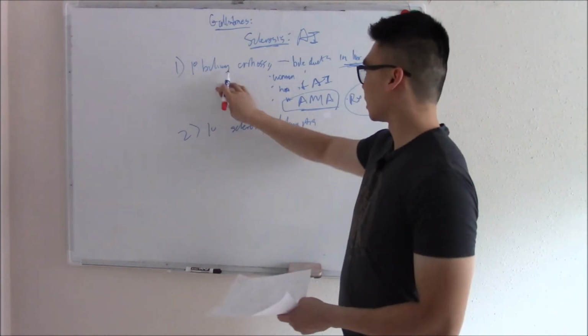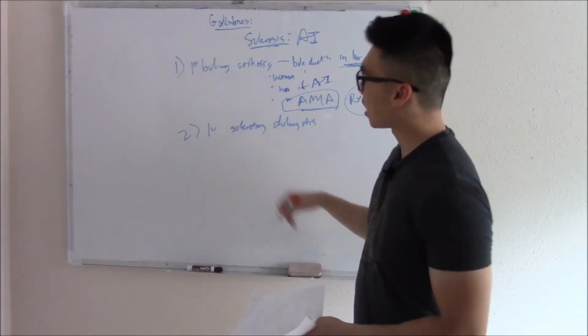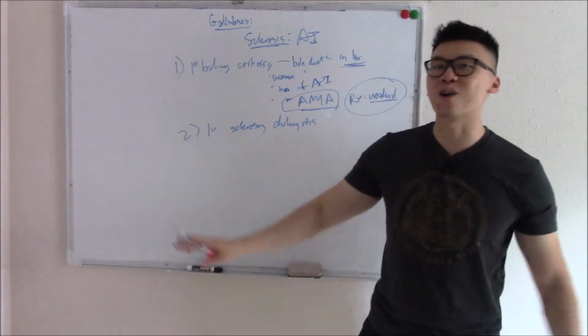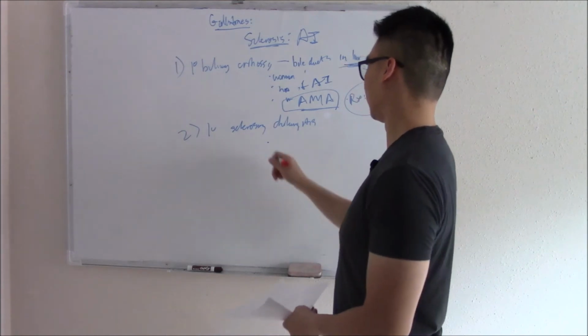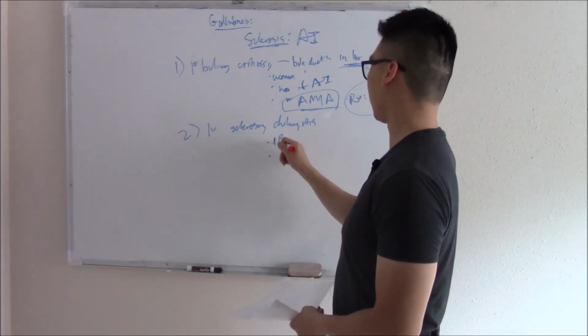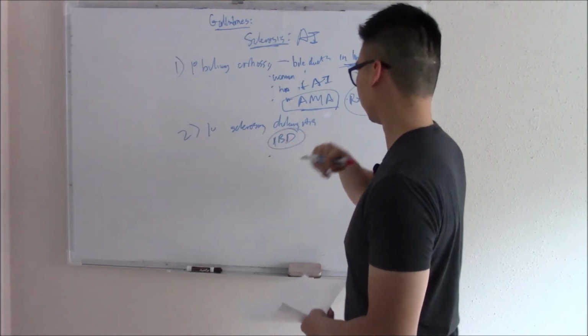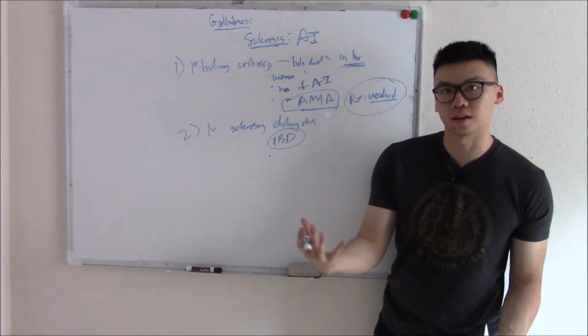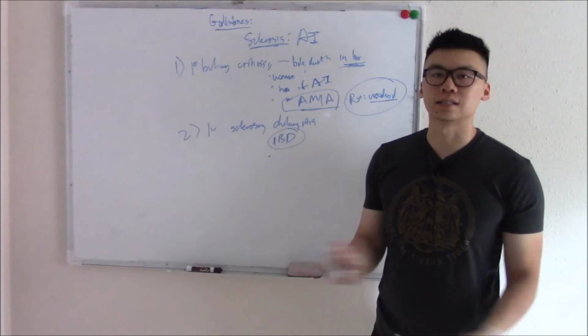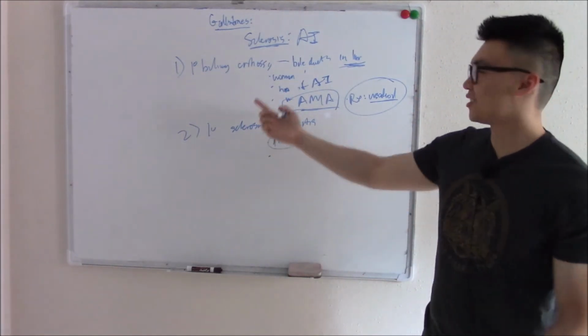Now, how do we tell this apart from this? Primary sclerosing cholangitis, we've already talked about in our IBD video. So it's associated with IBD. So I'll give you a history of someone with IBD, and then all of a sudden they start to develop jaundice. All right, that's a dead giveaway. These two are not even close.